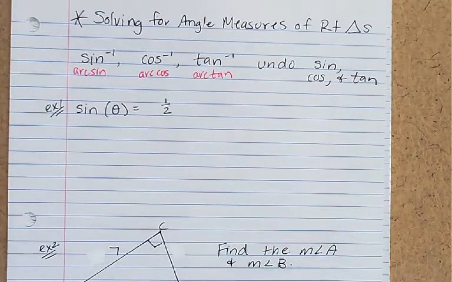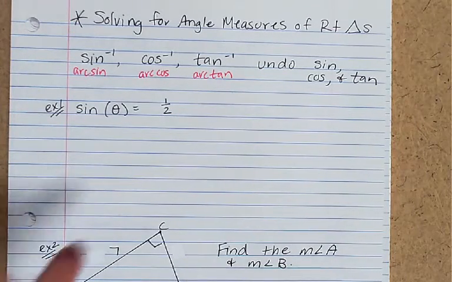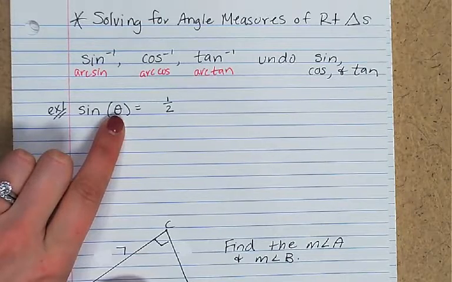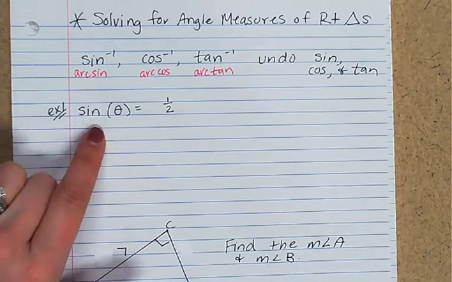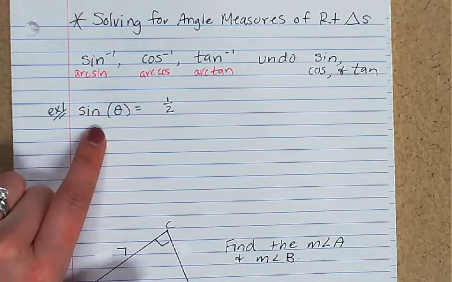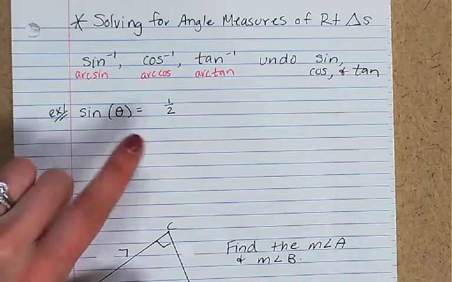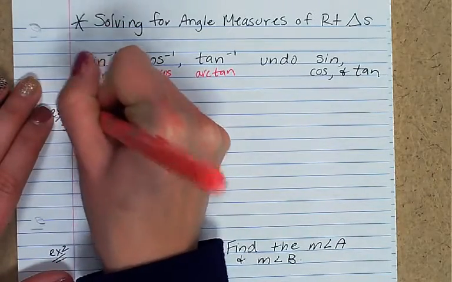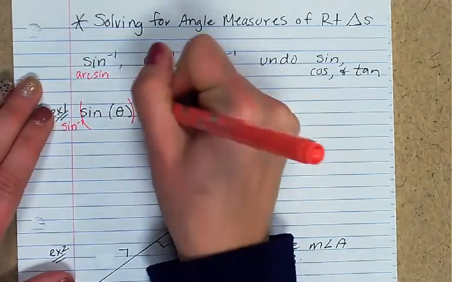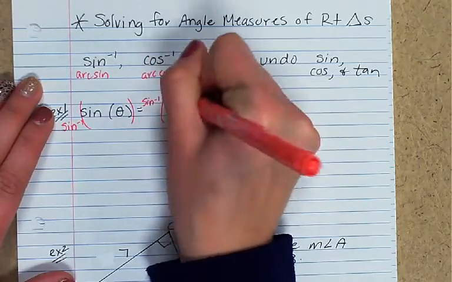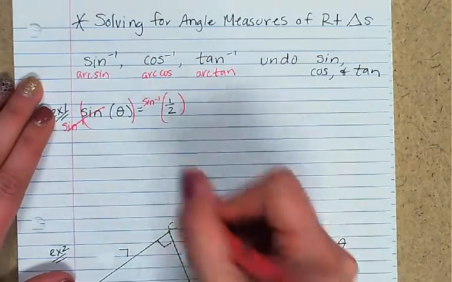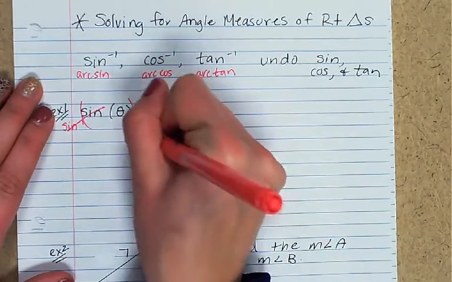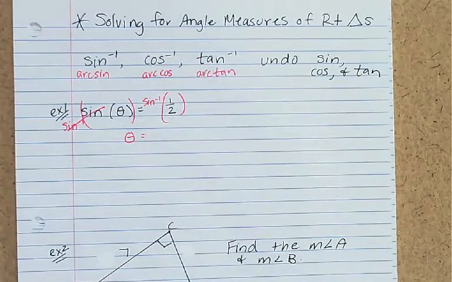For this first example, like I said, I am trying to get theta by itself. So we have to undo the sine function. Remember, your equation stays balanced as long as you do the same thing to both sides. So if I do sine inverse on both sides, those cancel, and all I'm left with is theta. This is something we have on our calculator.